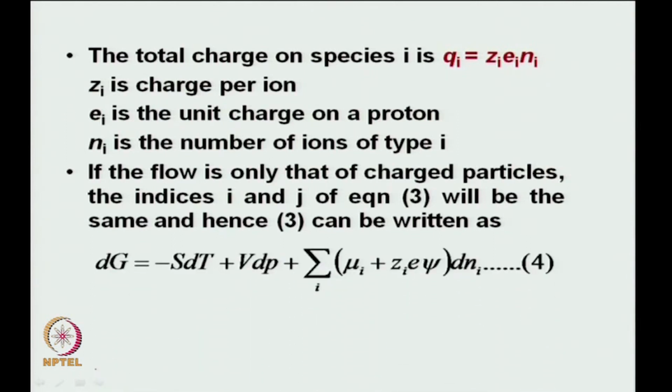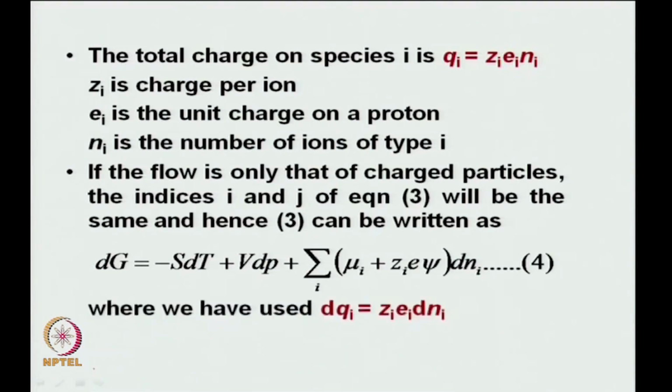So the free energy becomes minus s dT plus V dP, and now I am combining the two terms: one is mu_i dni and the other one is zi e psi dni. Why zi e psi? Because we have used dqi equal to zi times e times dni, where the differential of charge is essentially because of the difference in the number of particles of that species i.